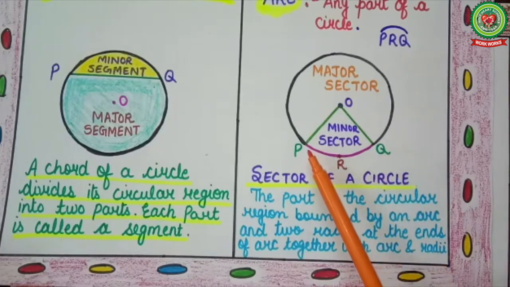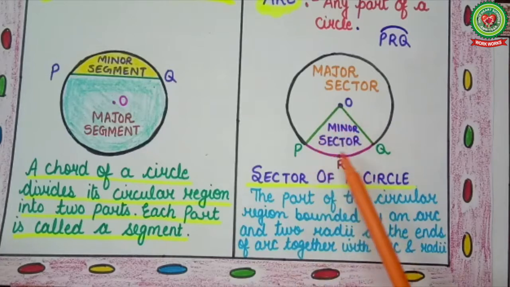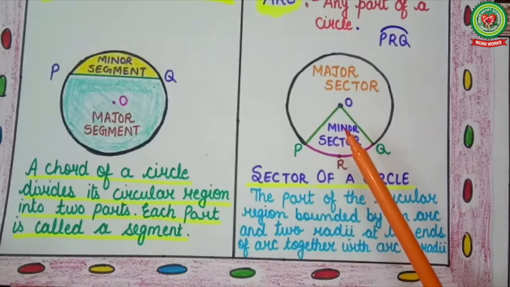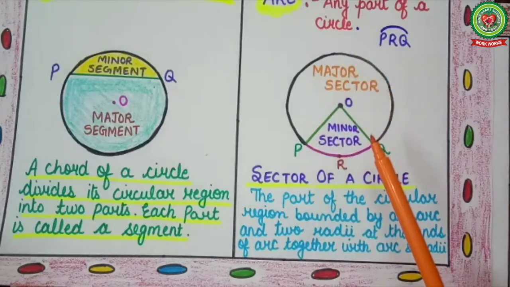If we join arc end points with the two radii, this part is known as sector. As you can imagine, one piece of pizza. Now, this one piece is known as minor sector and the remaining upper left part is known as major sector.